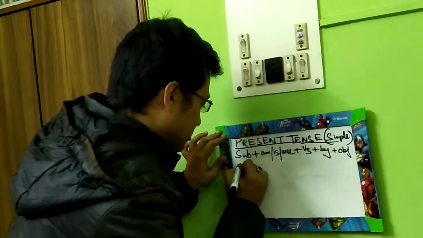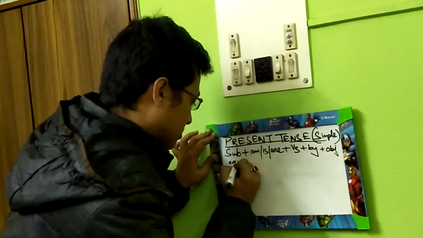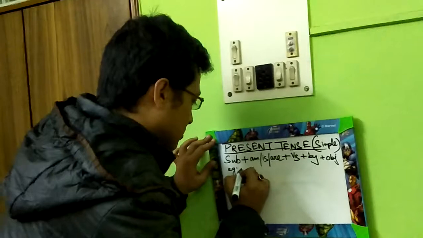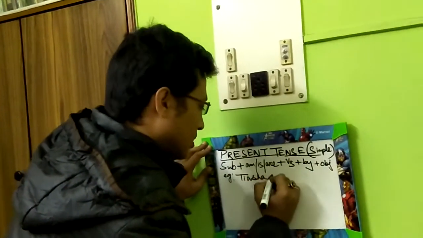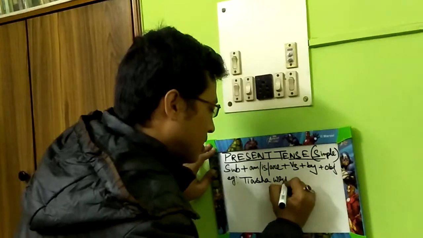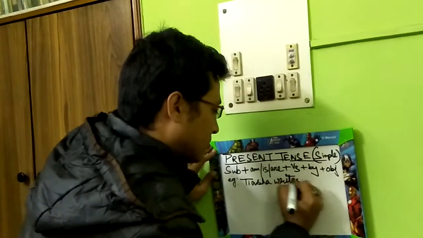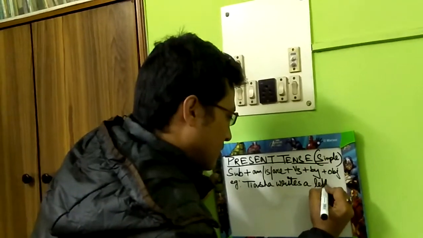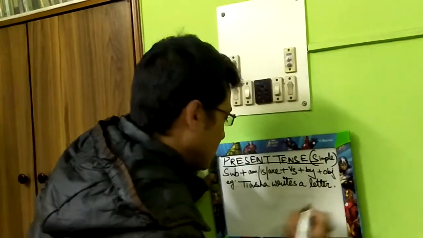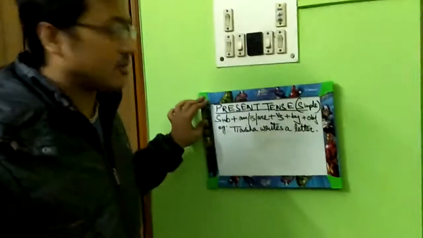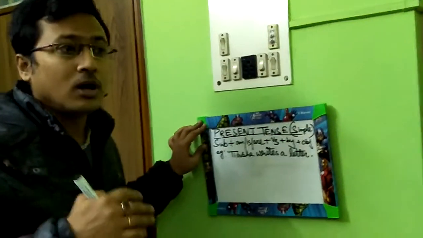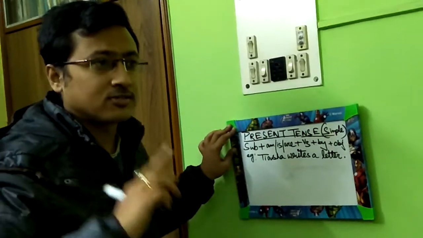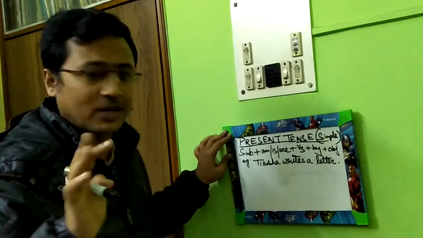Let's take an example. Tiasha writes a letter. This sentence is in simple present tense and this is an active sentence. So how are we going to change the sentence from active voice to passive voice?